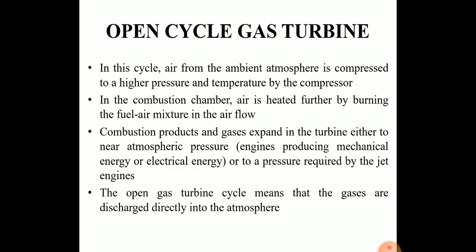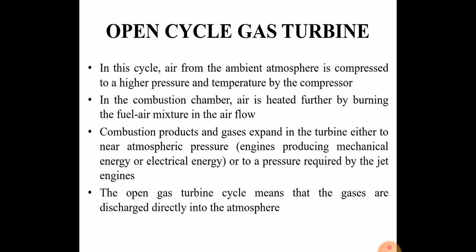The major difference between them is that in the open cycle gas turbine, the air which is used as a working substance, once the work is done, is exhausted to the atmosphere, whereas in the closed cycle gas turbine, the same air will be used repetitively in a loop. Okay, so we'll understand the aspect of the open cycle gas turbine.